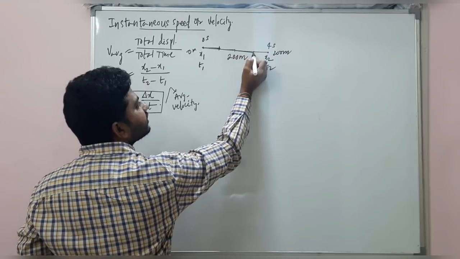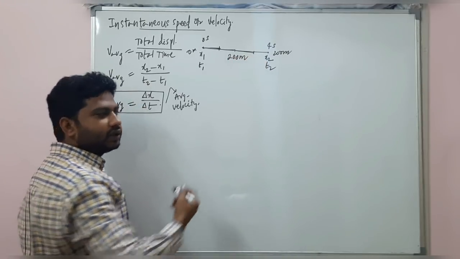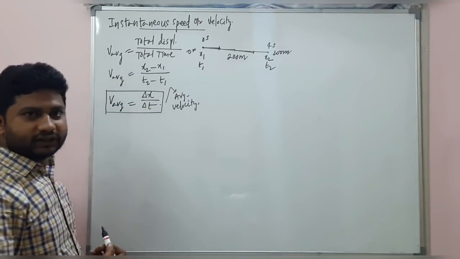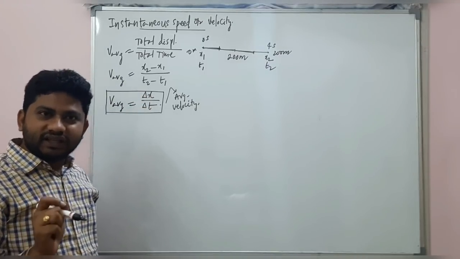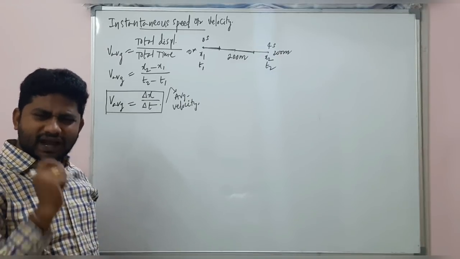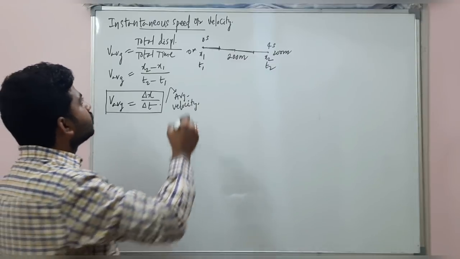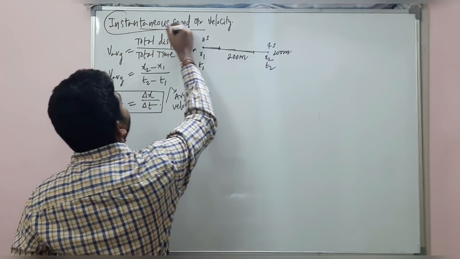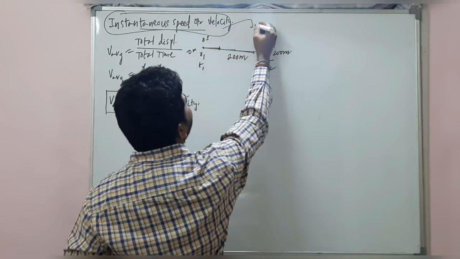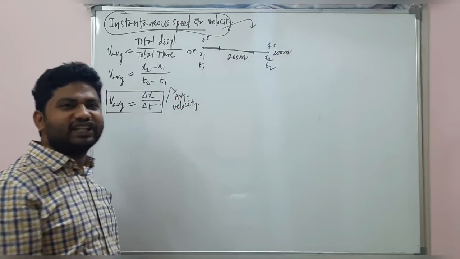From 2 to 3 seconds, from here to here. From 3 to 4 seconds, from here to here. The interesting thing is, the speed or velocity of a moving object at a particular time is called instantaneous speed or instantaneous velocity.